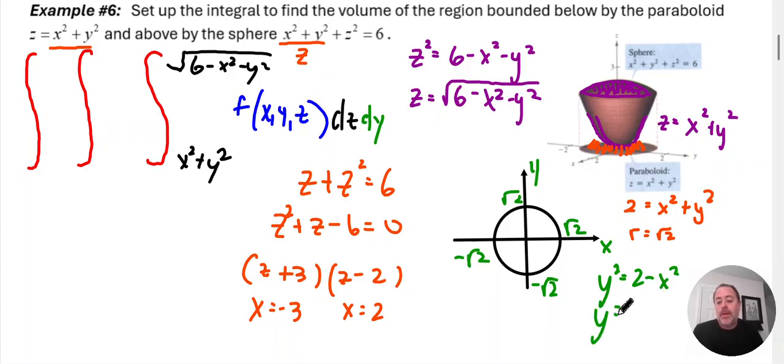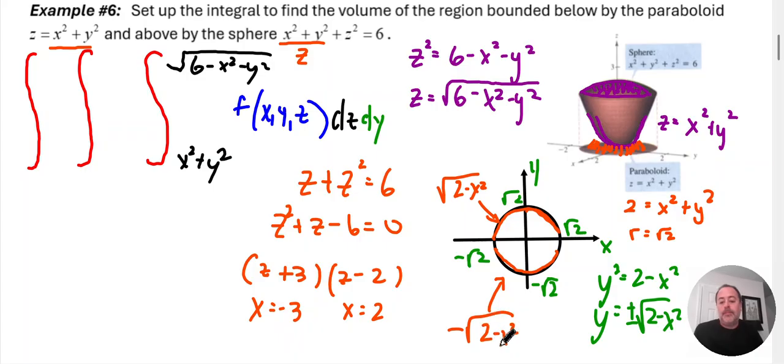And so y will be equal to the positive and the negative square root of 2 minus x squared, where this top region gives you the square root of 2 minus x squared, and the bottom region gives you the negative square root of 2 minus x squared.